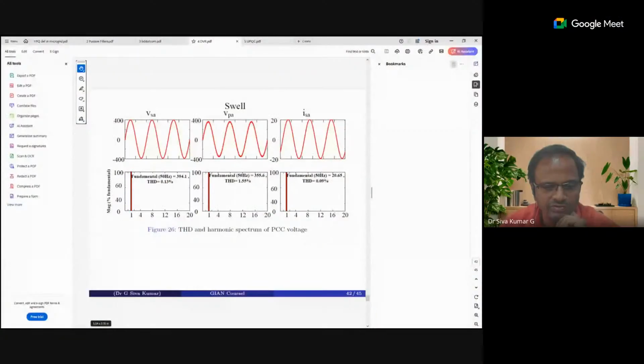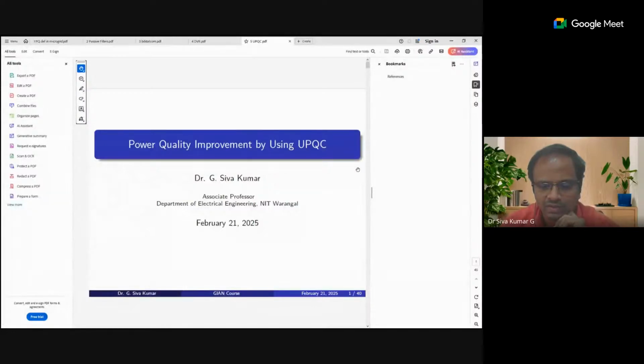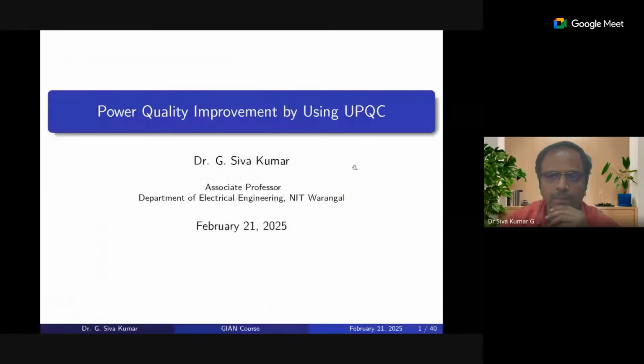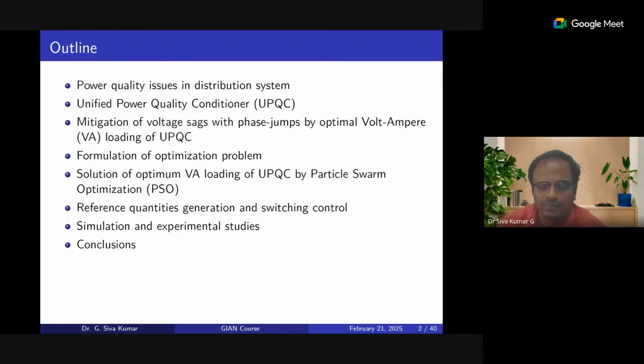We will quickly see another control where your unified power quality conditioner will be used for power quality improvement, dealing with voltage and current quality improvements.